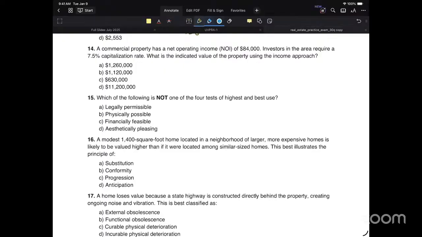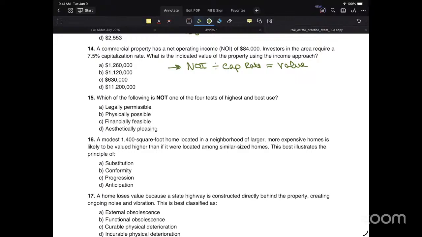If I take the NOI and divide it by the capitalization rate, I will get value. I know people sometimes get caught up in the cap rate and NOI, but NOI is net operating income and cap rate is capitalization rate. If you can simply remember this formula, you're good.